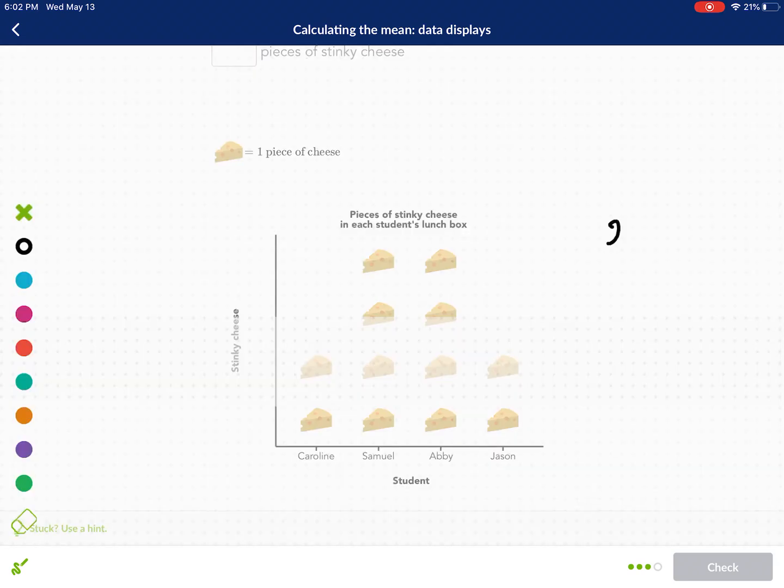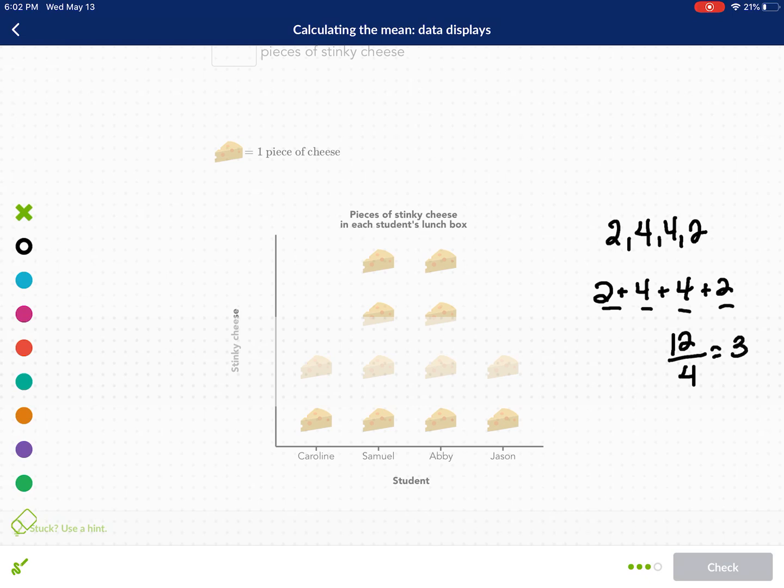Okay, so let's write that down. 2 for Caroline, 4 for Sam, 4 for Abby, and 2 for Jason. All right, so 2 plus 4, that's 6, plus 4 is 10, plus 2 is 12. So we have 12 divided by 4, because there's 1, 2, 3, 4 numbers. That is, on average, 3.